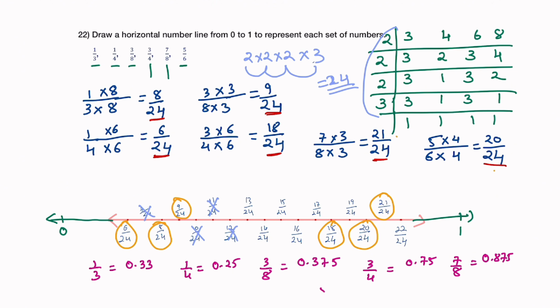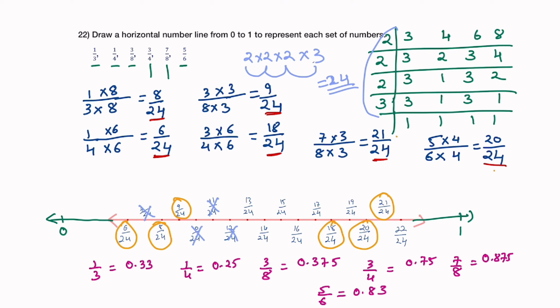And the last one, 5 upon 6, is 0.83. Did you get this? If you did, amazing. You know it now. This was for your reference. Plot it and it's going to be the exact same as we had with the LCM method.